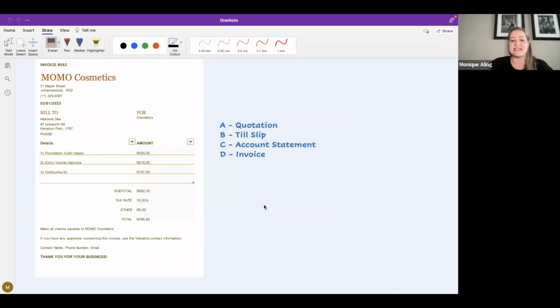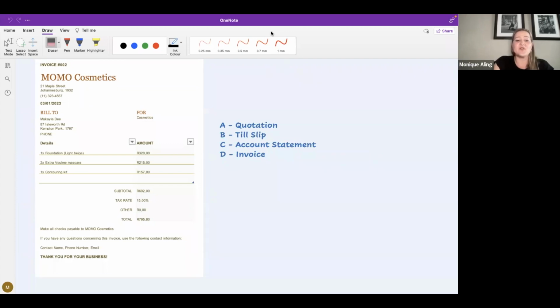Is it A, B, C, or D? Okay, good, Ayabonga. I see that you changed your mind to the right answer. Well done. It is indeed an invoice.